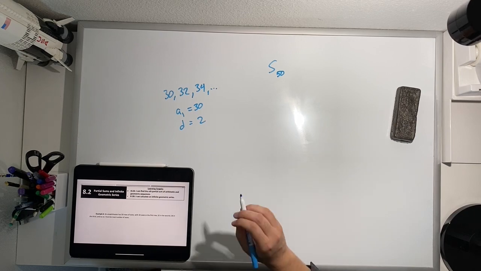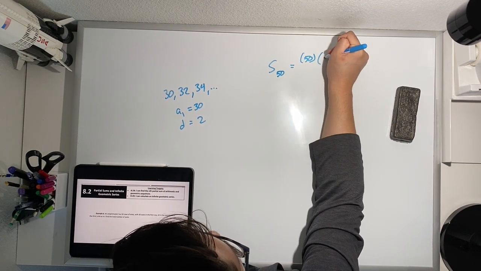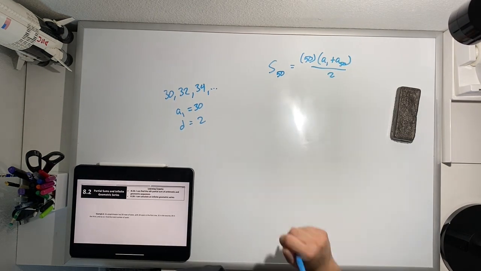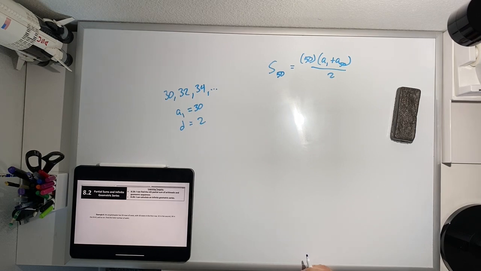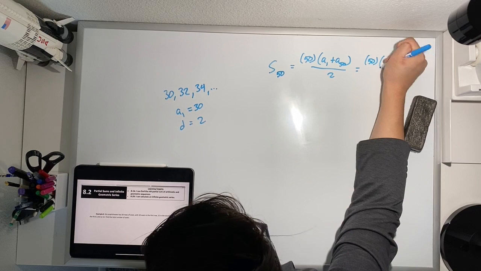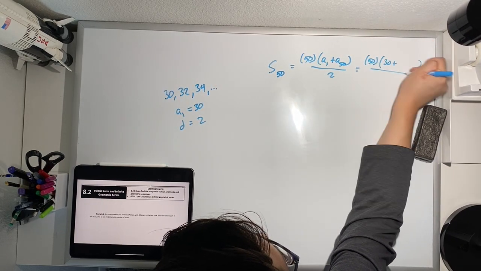Now, if we're looking for the 50th partial sum, then we need 50 times the first term plus the 50th term, all over 2. That means we need the first term, which is 30, and then we're looking for the 50th term.